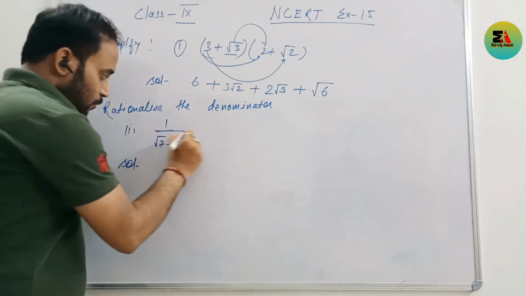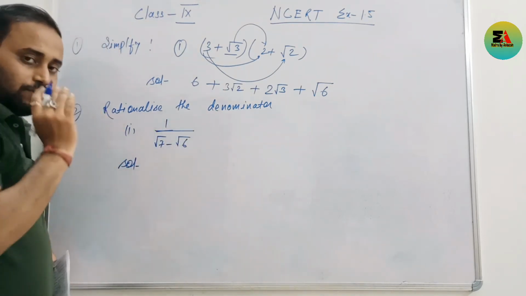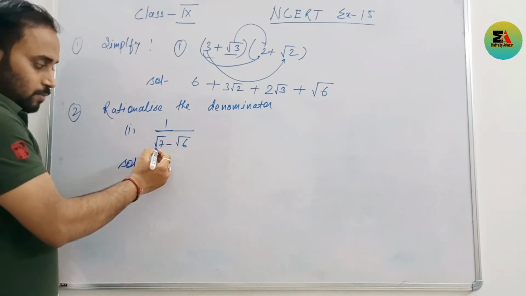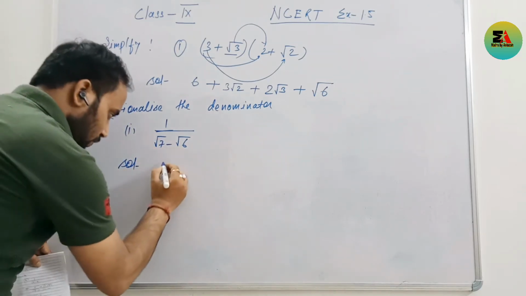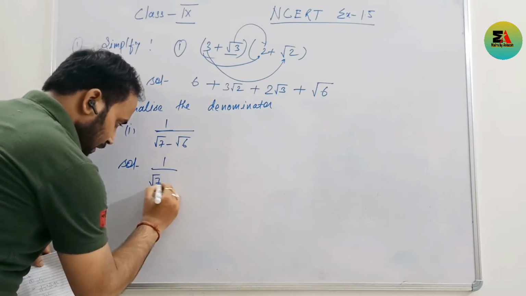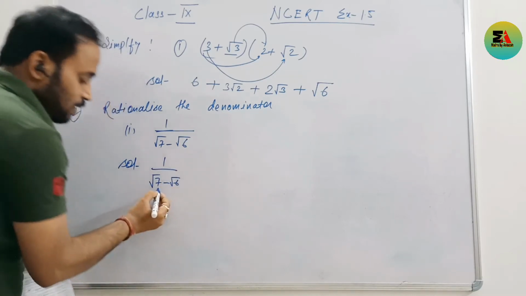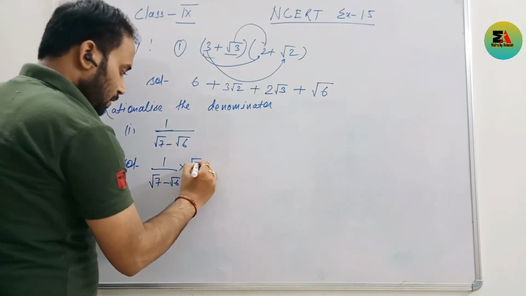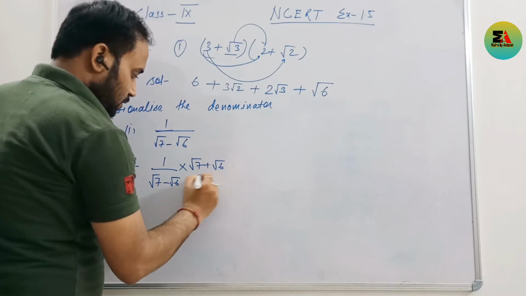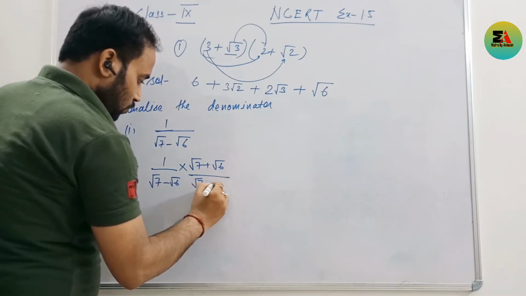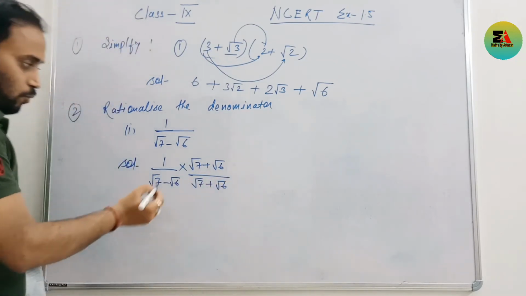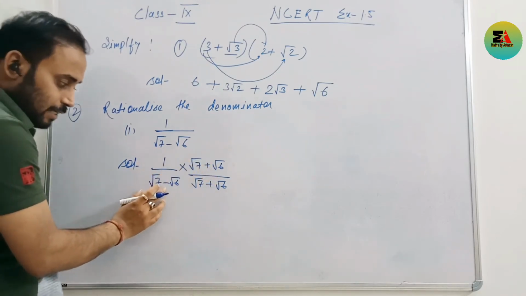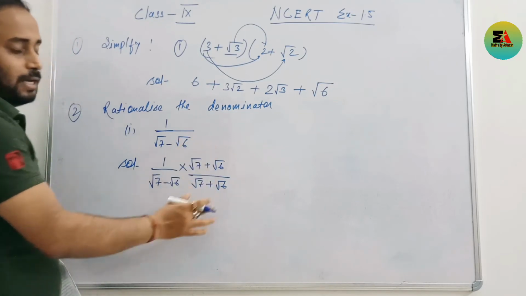If we have to rationalize the denominator, first we have to check the terms with their sign. The term is root 7 minus root 6. So we rationalize by the opposite sign. Opposite sign means, suppose we have root under 7 minus 6, we have to multiply it by root under 7 plus 6. Suppose we have a plus sign, we have to multiply it by a minus sign. Just multiply by the opposite sign.